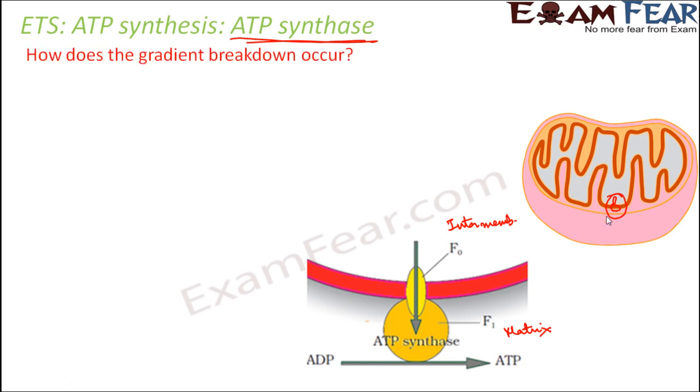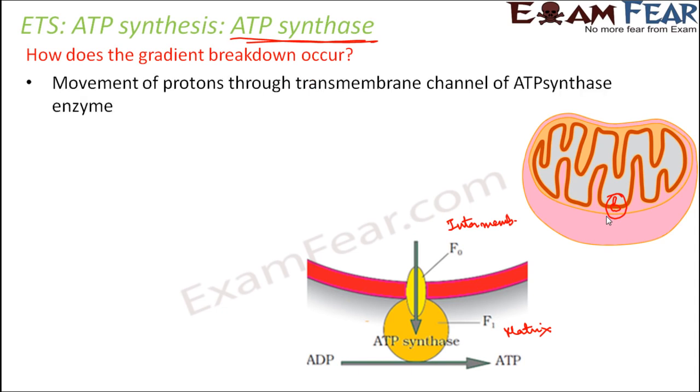So the question is, how does the gradient breakdown occur? How do the protons start to flow across the membrane? Movement of protons occurs through the transmembrane channel of the ATP synthase enzyme. If you see here, this is the channel. Before that, let us look at the structure of the ATP synthase enzyme. This enzyme has two parts, F0 and F1.